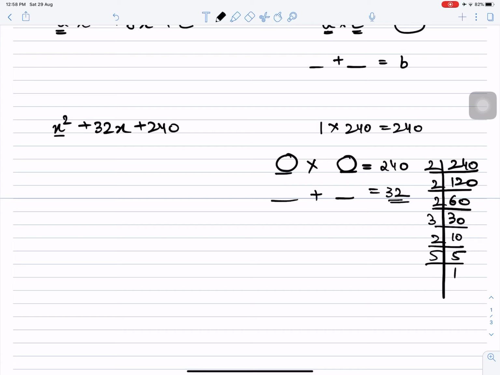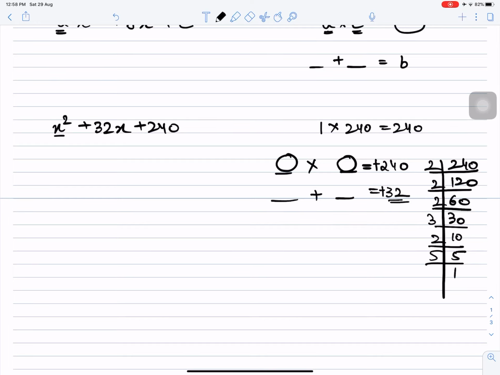The hit and trial method will go on. You have to find two numbers so that when we multiply them we get positive 240, and when we add them we get positive 32.